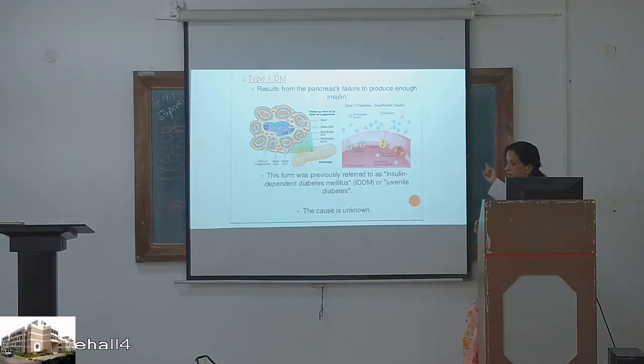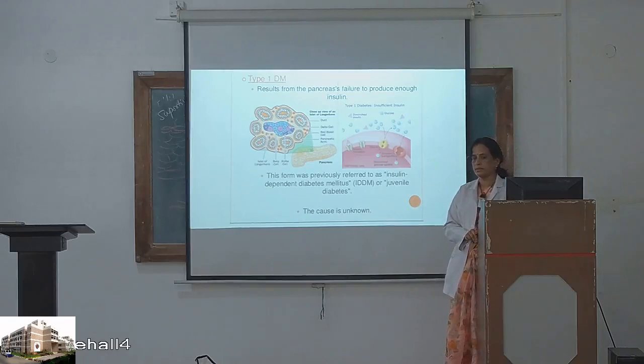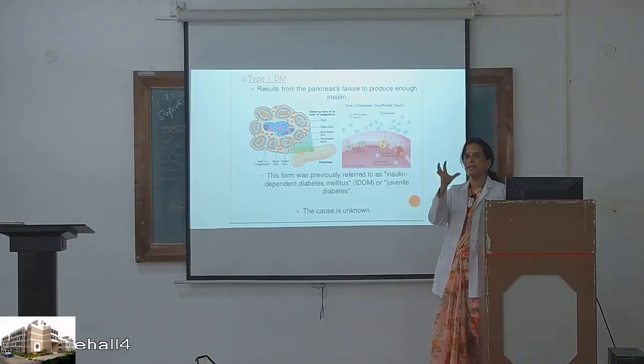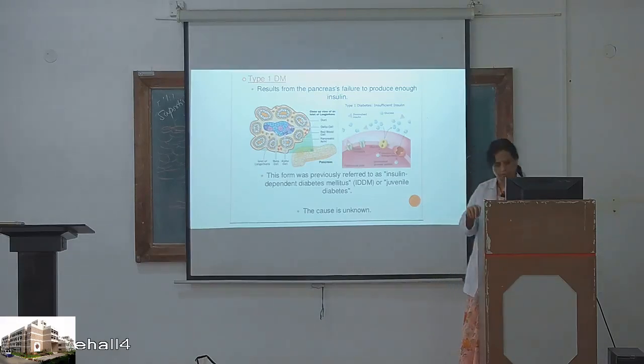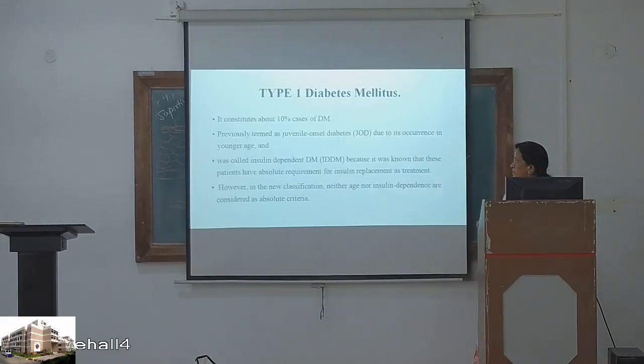The cause we don't know, but next I'm telling you at least a few causes why the pancreas does not produce enough insulin. So where is insulin produced in the pancreas? Can you recollect? The endocrine pancreas, the islets of Langerhans and the beta cells. This is what you have learned in your first year, anatomy and physiology.